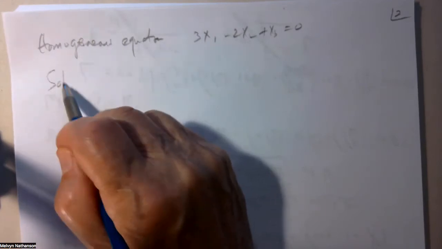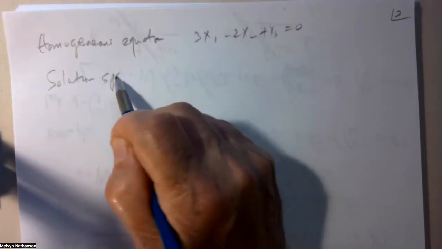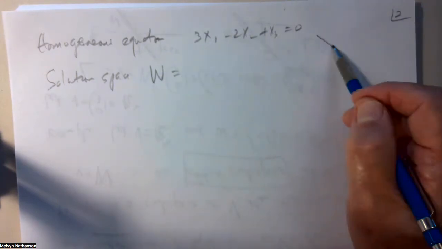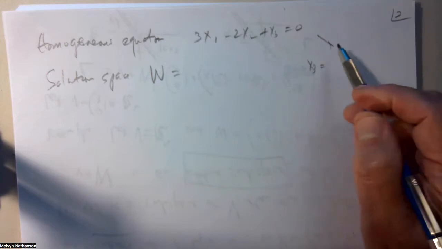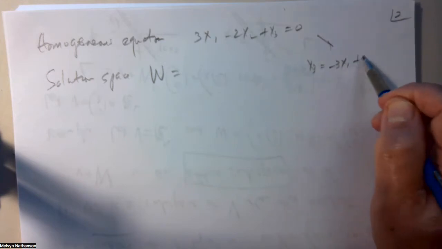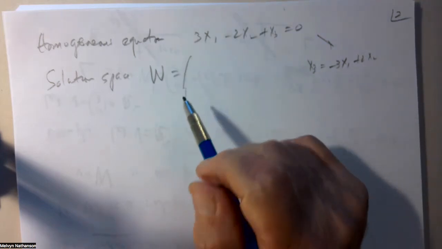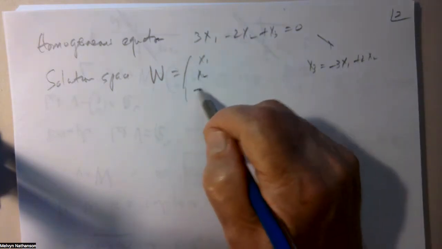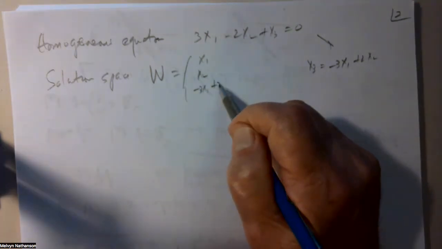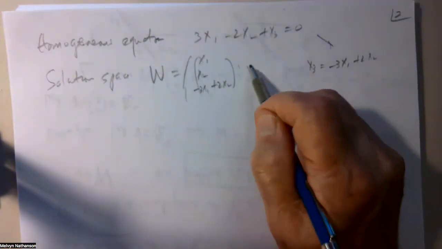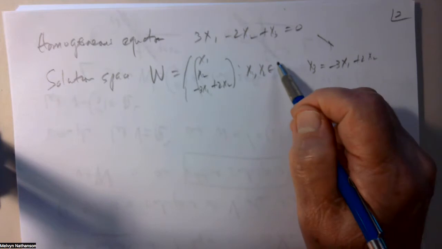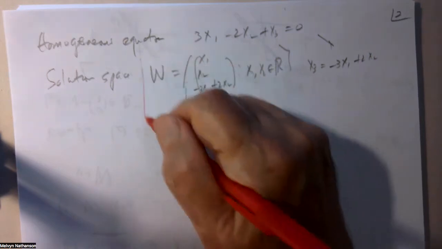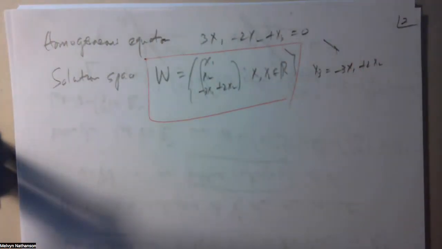So the solution space, W, if you solve this equation for x3, you get x3 is minus 3x1 plus 2x2. So the solution space is all vectors of the form (x1, x2, minus 3x1 plus 2x2) for any scalars x1 and x2. This is the solution space.